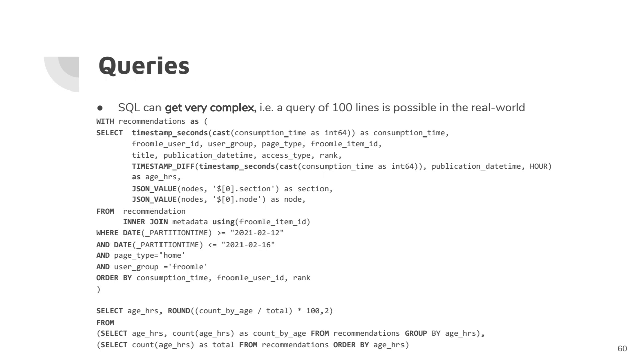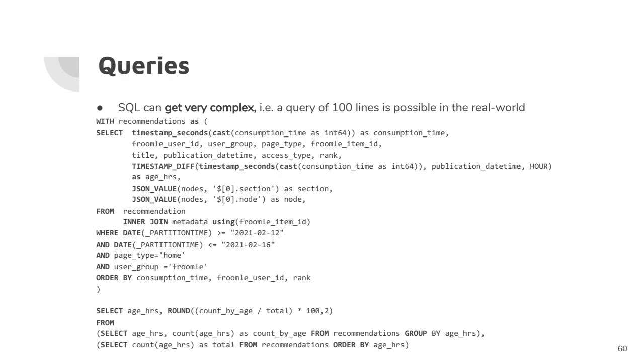So as I mentioned before, queries can get very complex. A query with hundreds of lines is possible in the real world. This is an example from when I was working at Frumal 3 years ago. Here in the front, you have two bigger tables, but then you see some time manipulation, and that's often something that introduces quite some complexity.